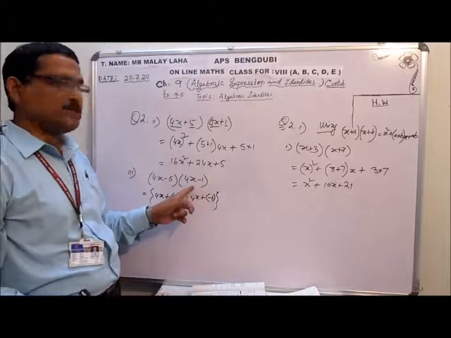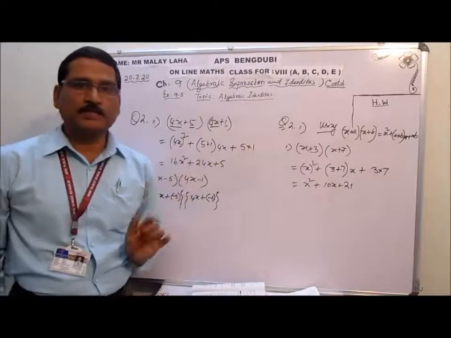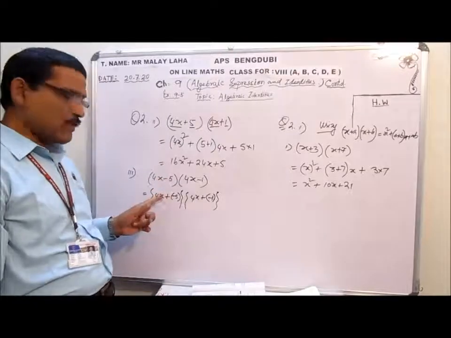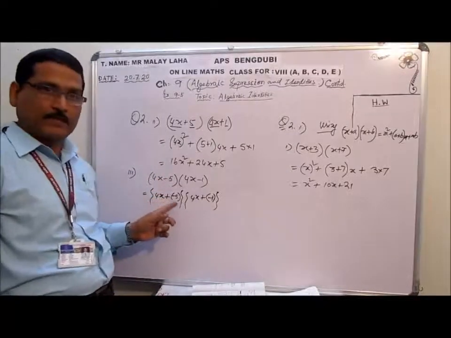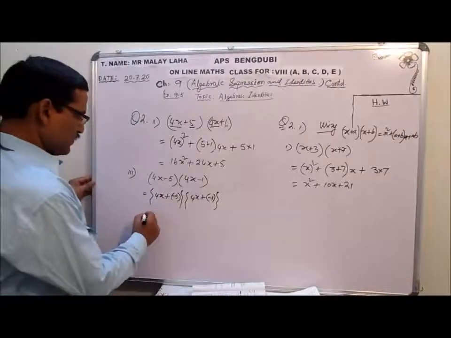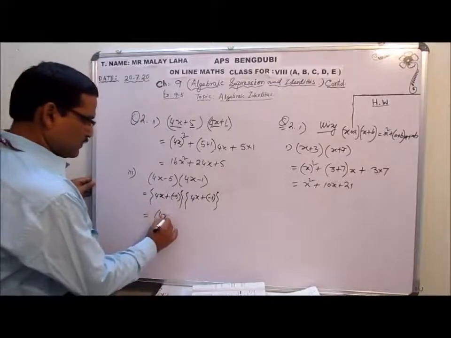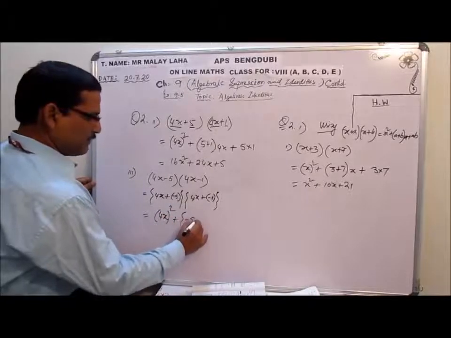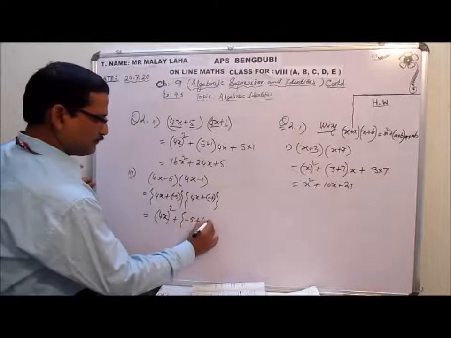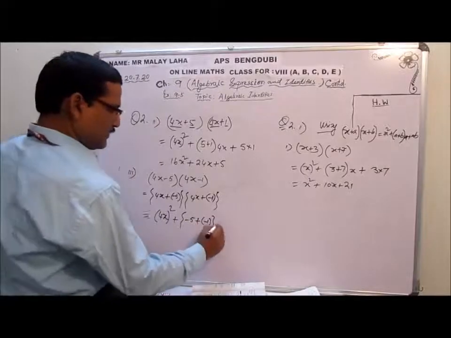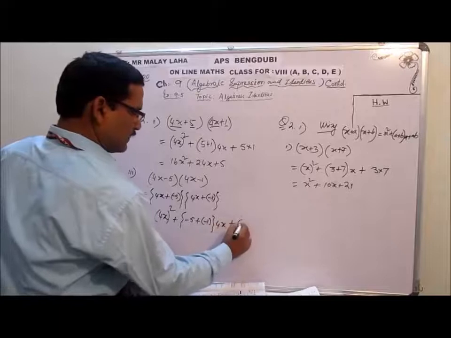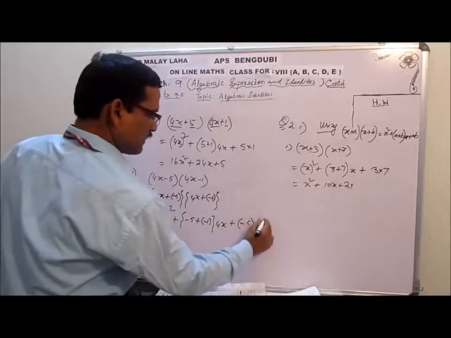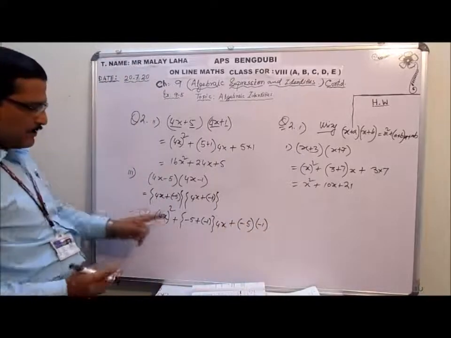So I have corrected its sign, because in the main formula there is no negative sign. If any term is negative, I can write a plus sign outside and the minus sign inside. Now follow it. X square means (4x) whole square, plus a means minus 5, b means minus 1, into x means 4x, plus (-5) into (-1). Got it? Be careful with the sign.